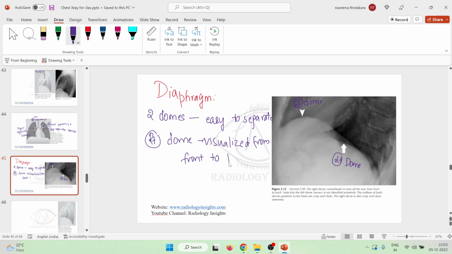Whereas if you see the left dome of diaphragm, it is not visualized completely. If you see, this is the left dome of diaphragm, which is only visualized up to the cardiac shadow.